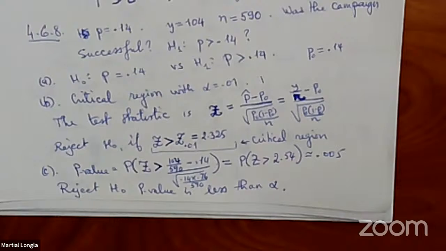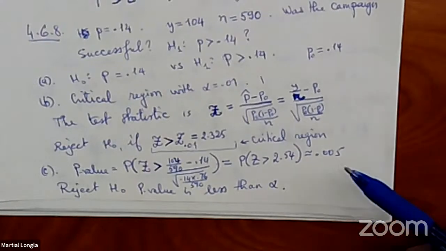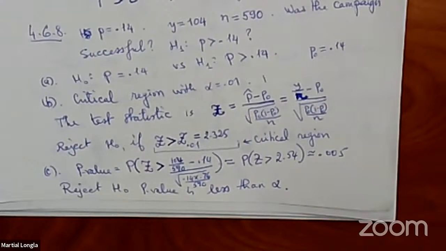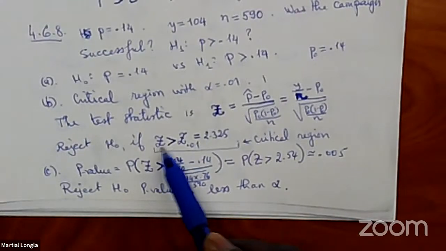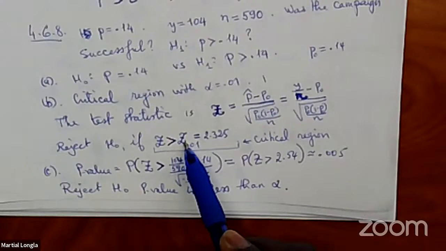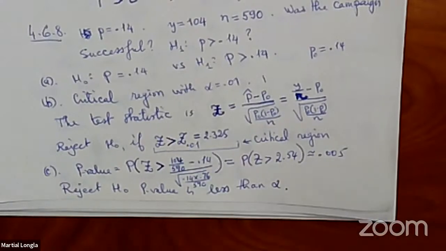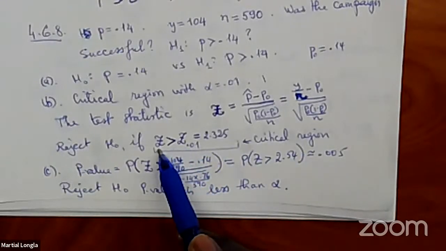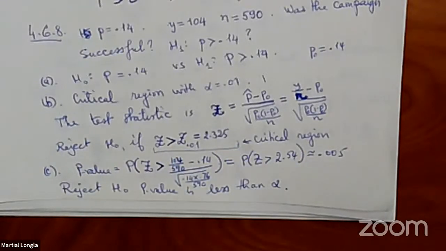Now, what's your decision? You can give the decision based on the p-value. You can give the decision based on the critical region. What does the critical region say? You reject if Z is larger than this, right? And what is Z equal to? 2.54. Is 2.54 larger than this?